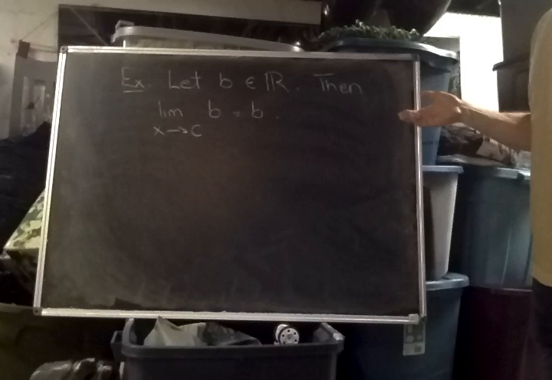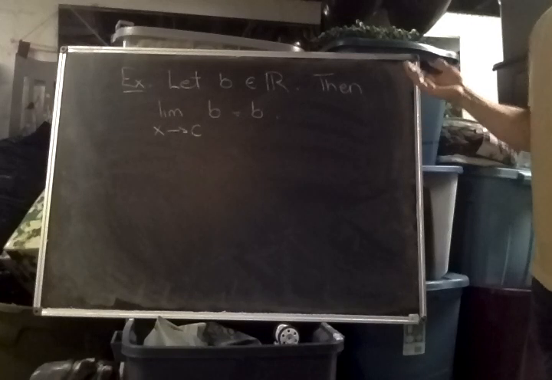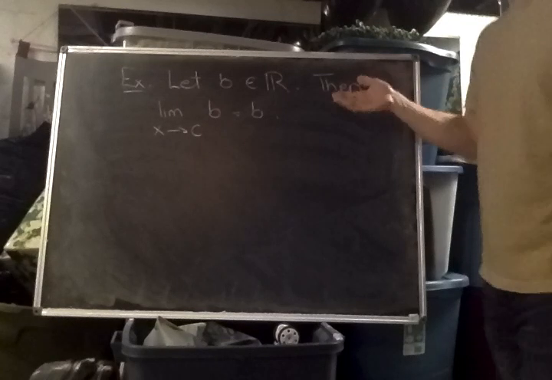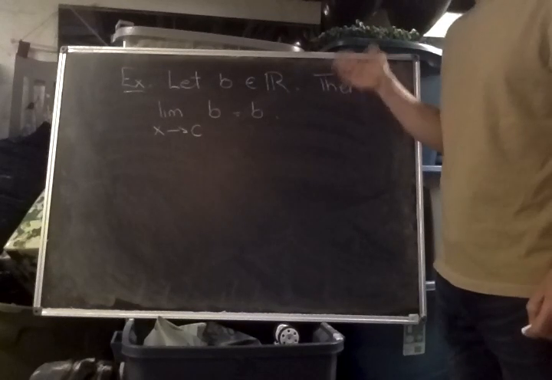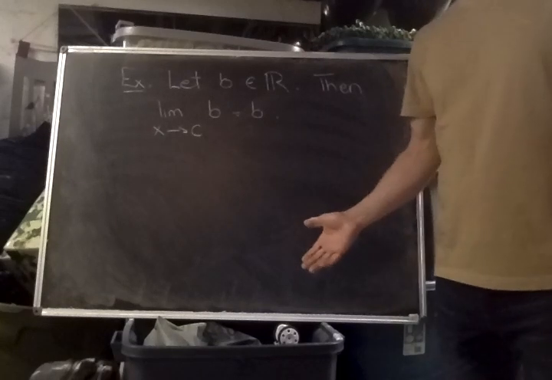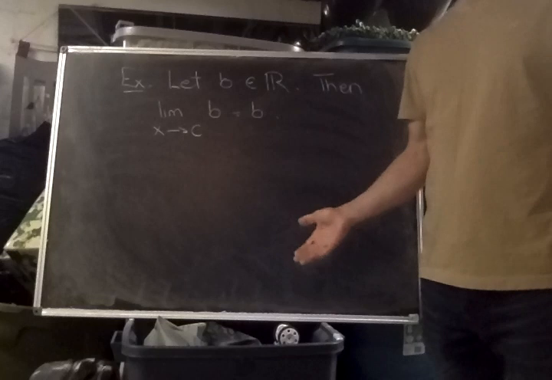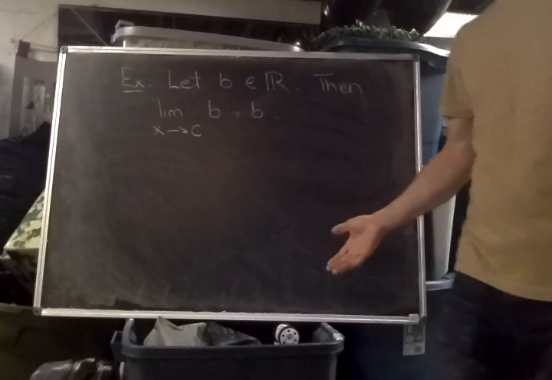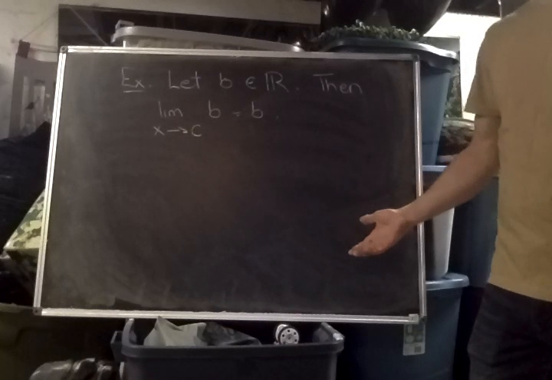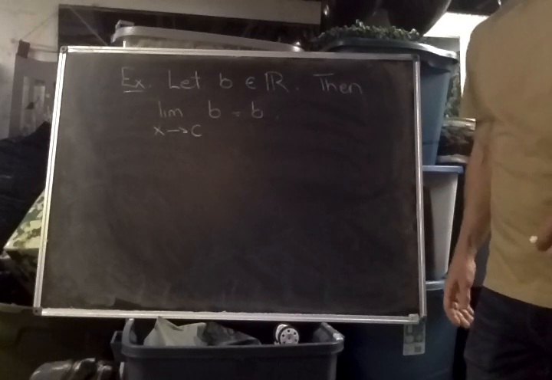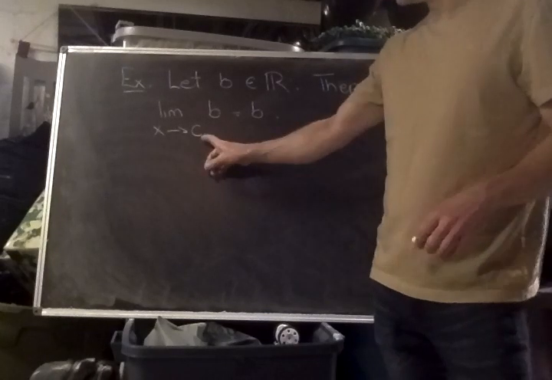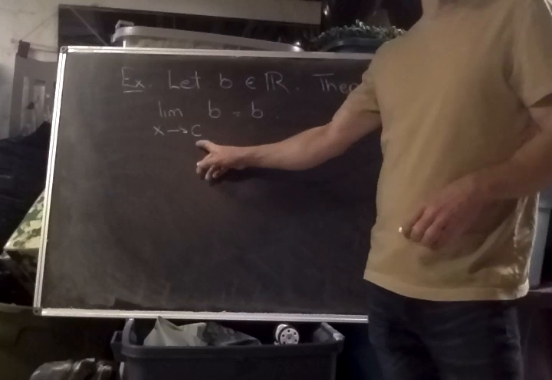Okay, so a couple of things are implicit here, kind of being swept under the rug. One is the domain of the function, right? So the constant function, the function just equal to this number b in R, I suppose could be given whatever domain you want. But if nobody tells you what the domain is, then you should just assume that it's all of the real numbers, since it can be. Then similarly, it's not specified in the example what c is, right?